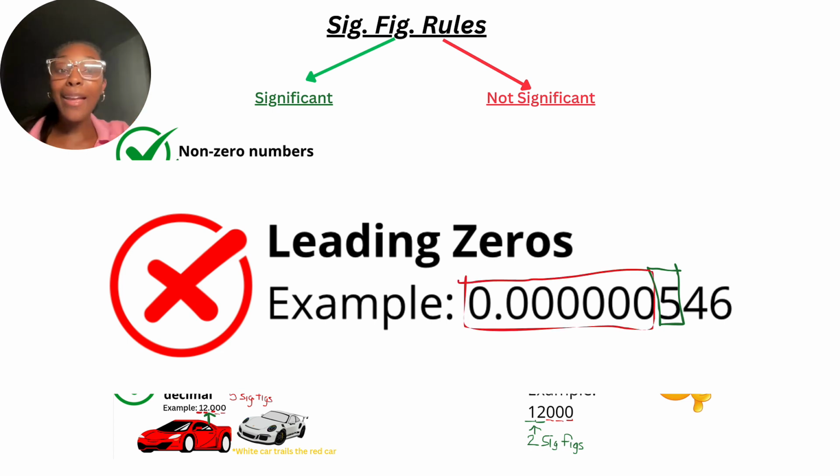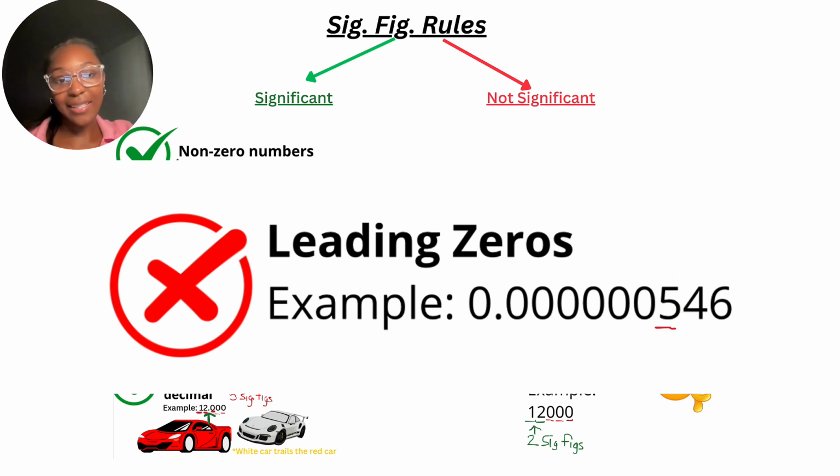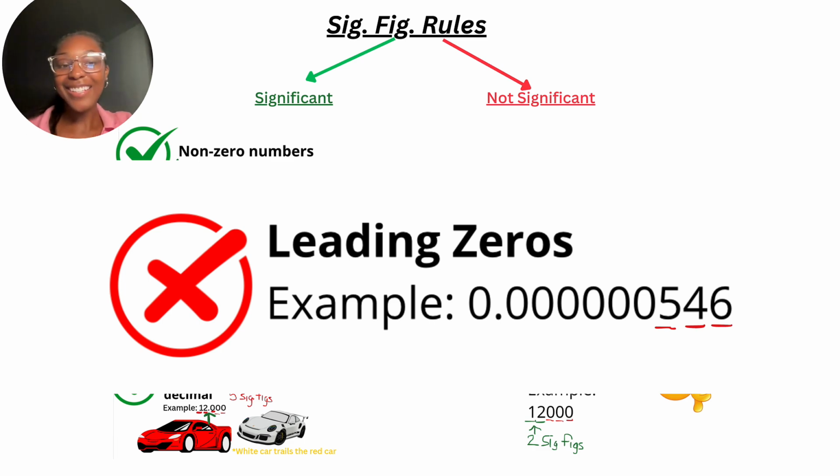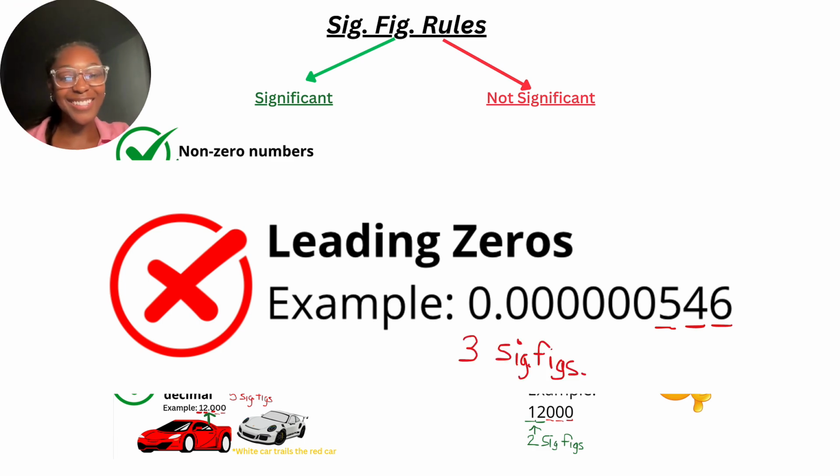So that means that every single zero that is in front of our number 5 is not going to be significant. So we don't have to worry about counting those. We can leave them out because everything in front of the 5 is not significant. So we're going to just go ahead and count the 5, the 4, and the 6. So that means we got 1, 2, 3 significant figures.